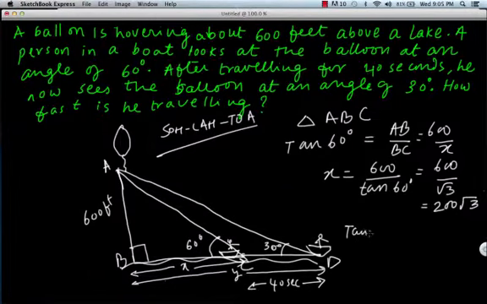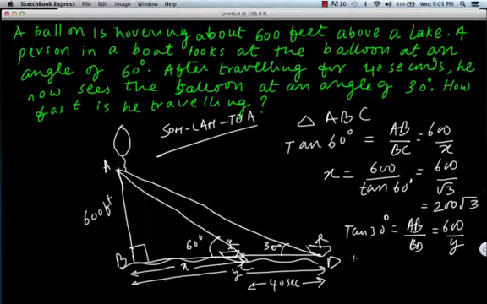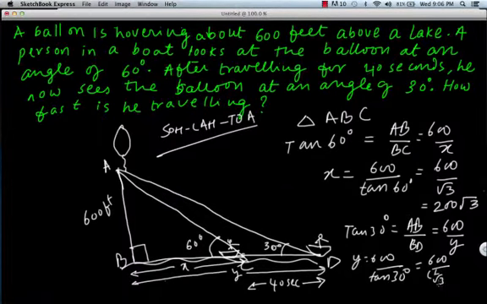So tan 30 is equal to opposite side, which is AB, by adjacent side, which is BD, which is nothing but 600 by y. So y is 600 by tan 30, which is 600 by 1 by root 3, which is 600 root 3. So now we know distance y is 600 root 3.